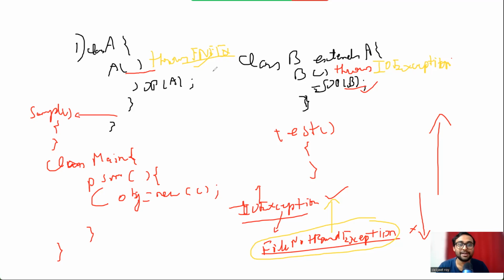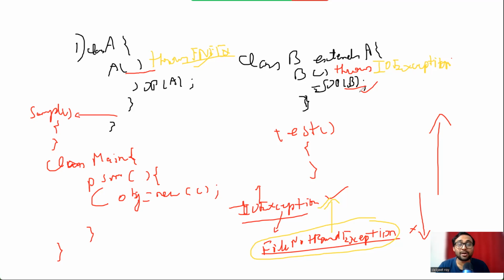That is very important. If class A is throwing FileNotFoundException, then class B can also throw FileNotFoundException. There will be no issue, but it can't go below that. It always has to go above the hierarchy. The visibility has to be increased. It can't be decreased. So now the class B constructor can throw the higher order exception, which is IOException. That is very important. So this was the concept we have been discussing here.